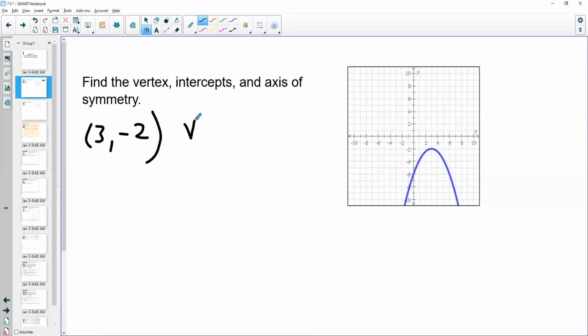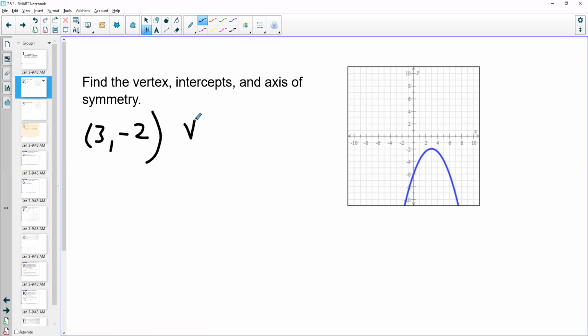Every parabola has intercepts on some level, like not every parabola has. So let me start that thought over. You can tell how it's going here today. A parabola has either no intercepts, 1 intercept, or 2, okay, because of the way it's shaped.